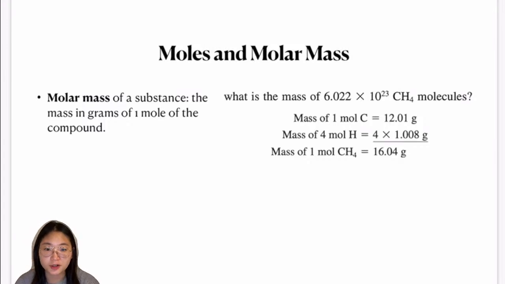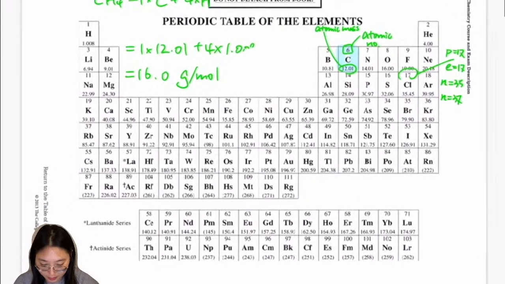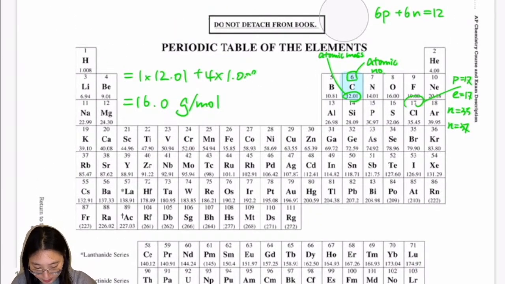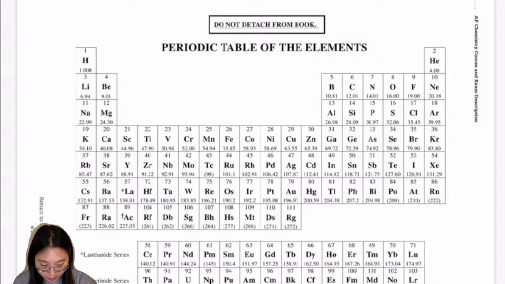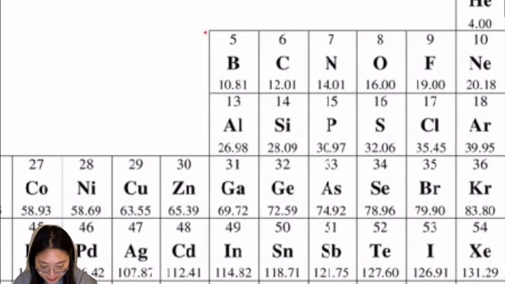Okay, and then how we know the molar mass is just by checking the periodic table. On the periodic table, each box represents an element, and the number at the top of the box represents the atomic number, which is also the number of protons.